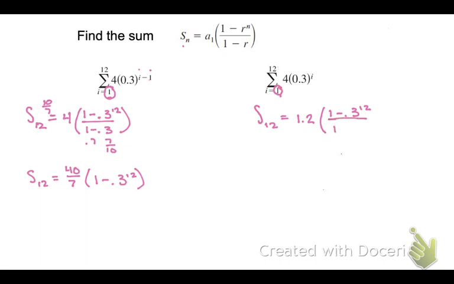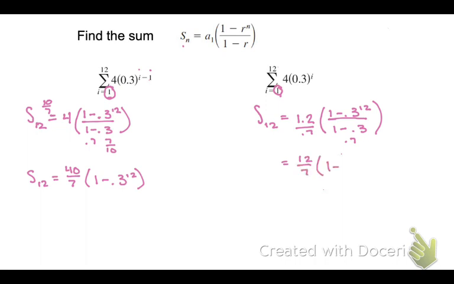No. So is this going to change my amount? Yeah, because now I've got 0.7. So 1.2 over 0.7 would be 12 over 7. Right?